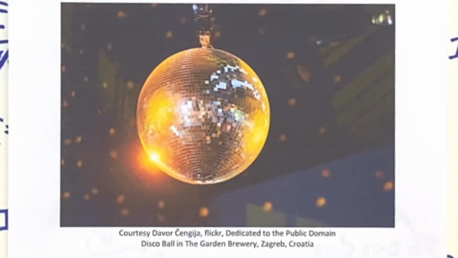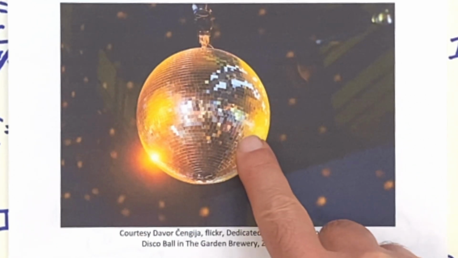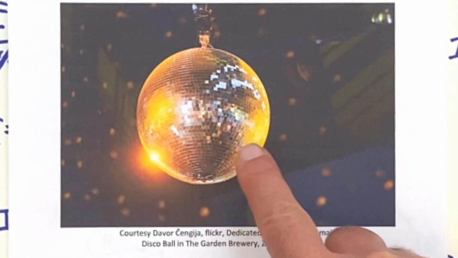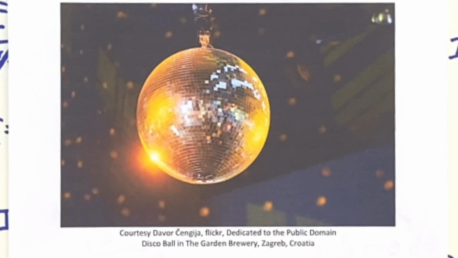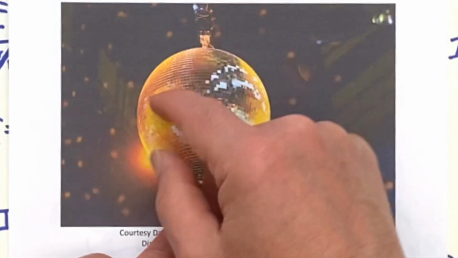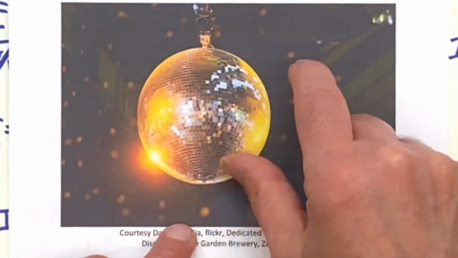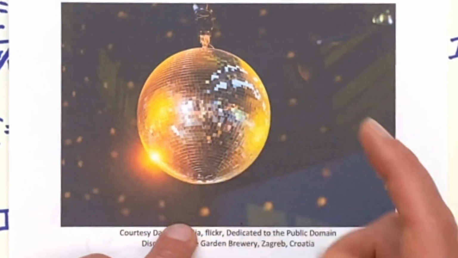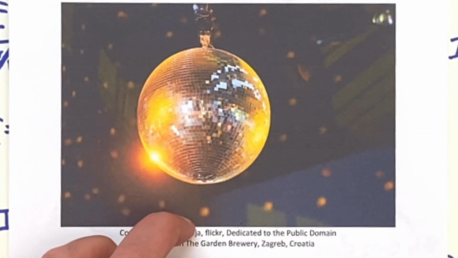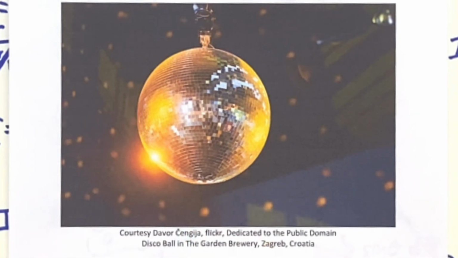And here you have found with this analysis that the moment of inertia about this top pivot point is 5/3 mr squared. Fine ball found in the Garden Brewery, Zagreb, Croatia. I believe that's the only brewery that displays a disco ball.